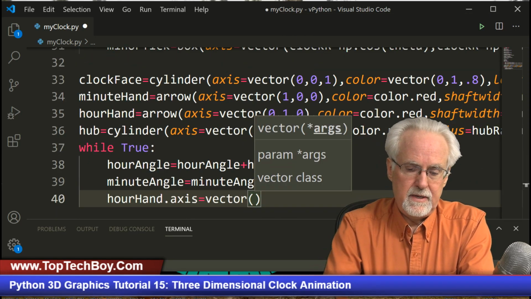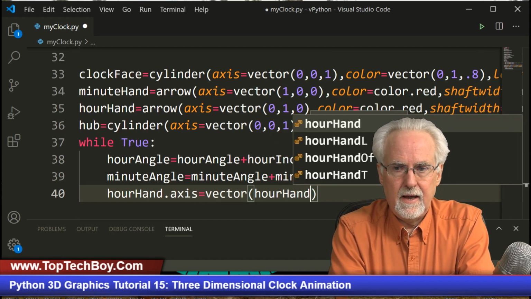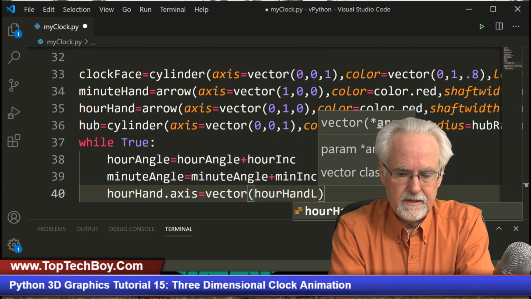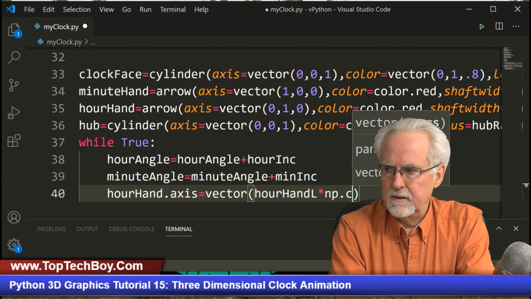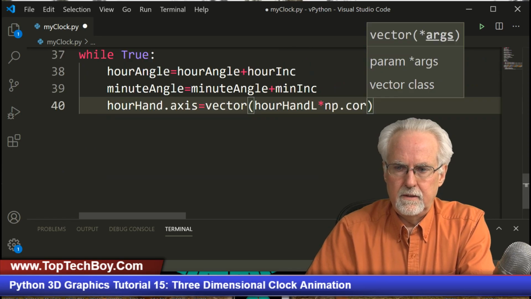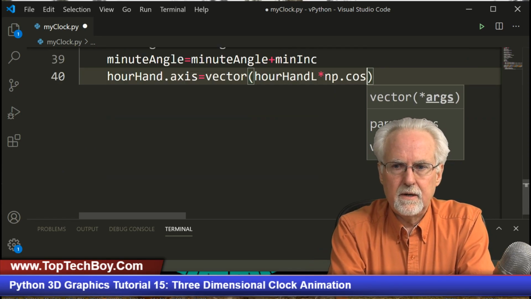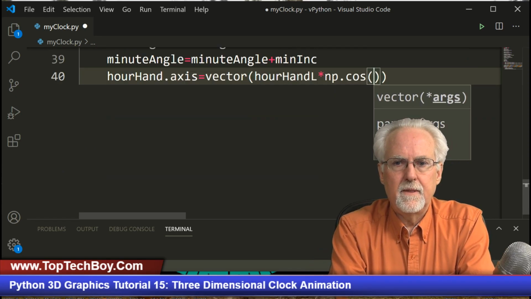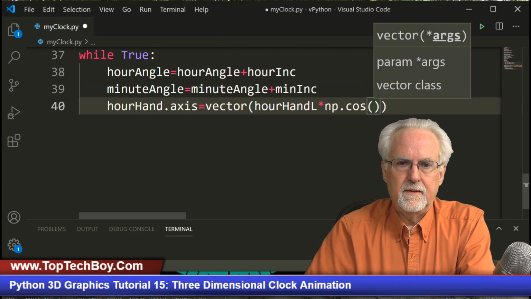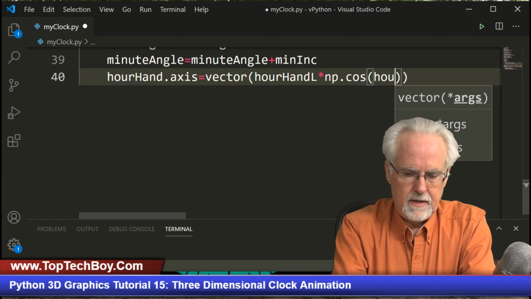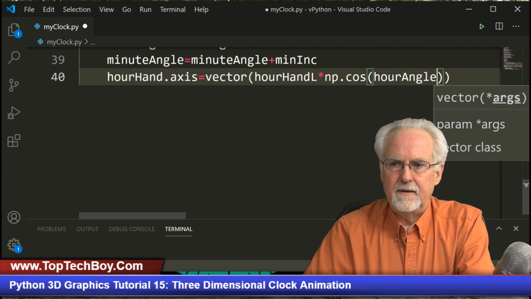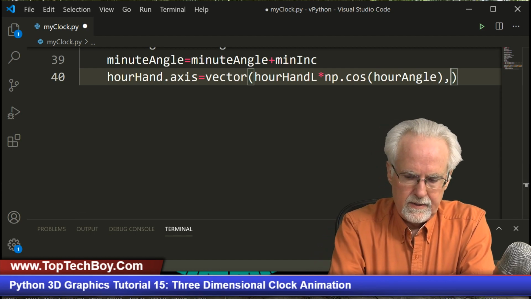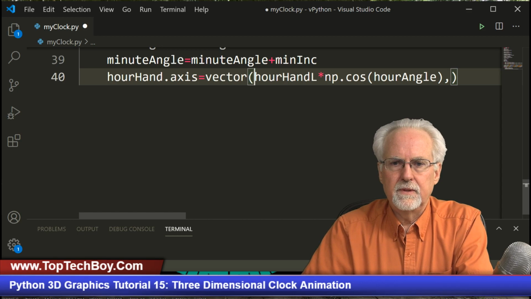Yep, so that would be hour hand length, that's the radius of that vector, times np dot cosine of hour angle, because that is the angle. And now the y is going to be that same thing, only the sine.